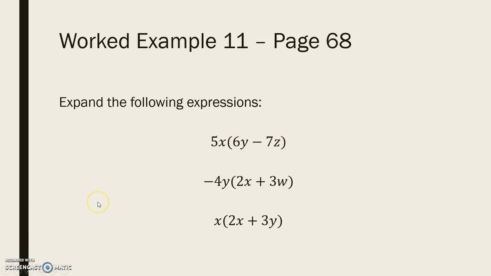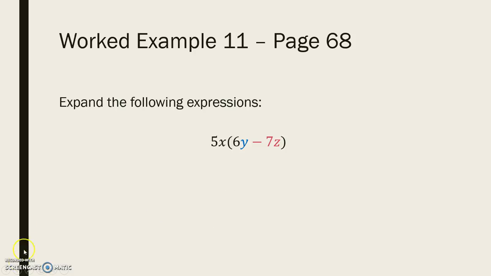Okay, so now we're getting some more complex expressions. We'll have a look at those as well, one at a time. So for this expression, what we're going to do is the same process. So we multiply the 5x by the 6y and the 5x times the negative 7z.